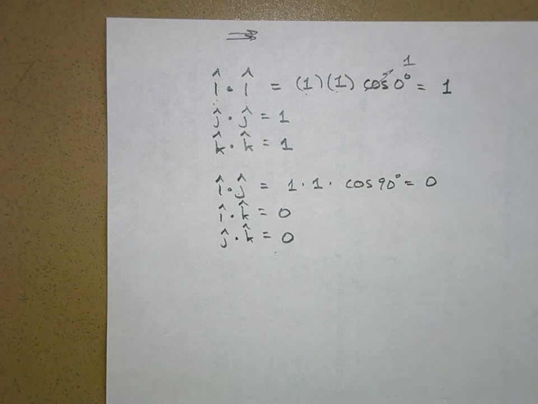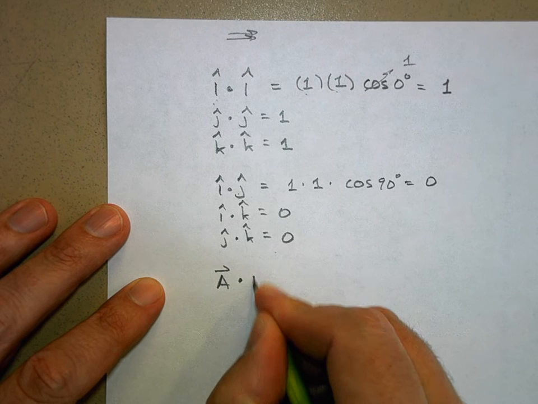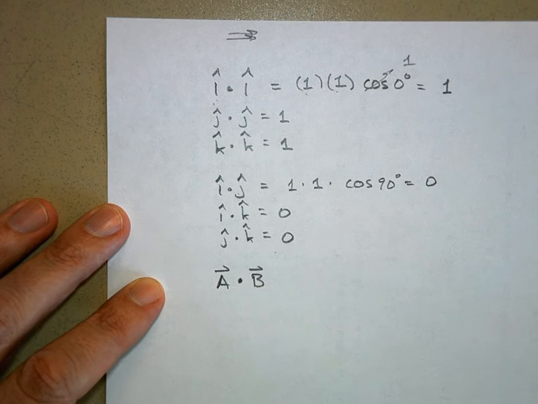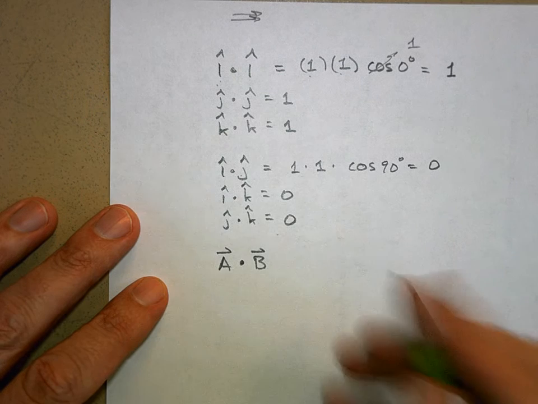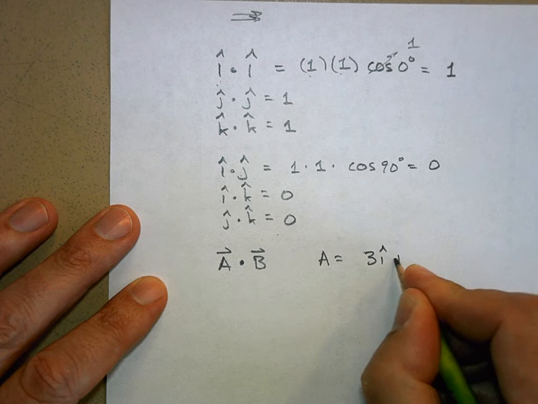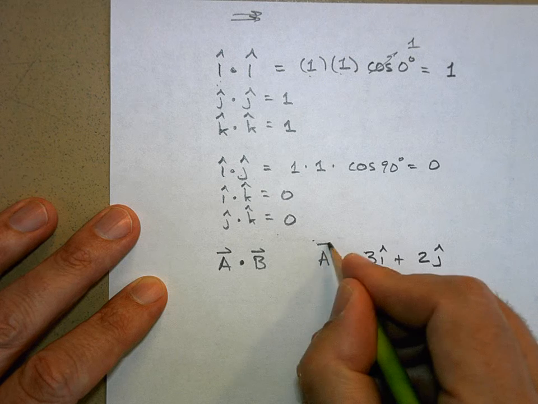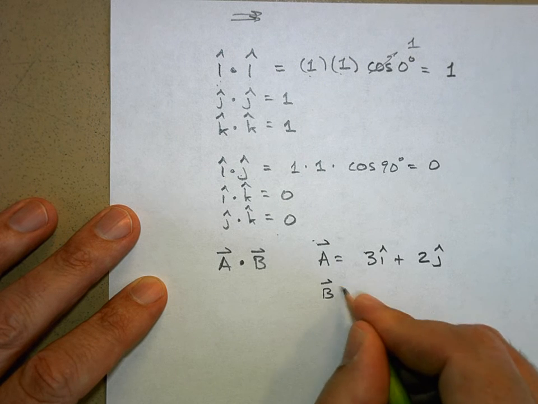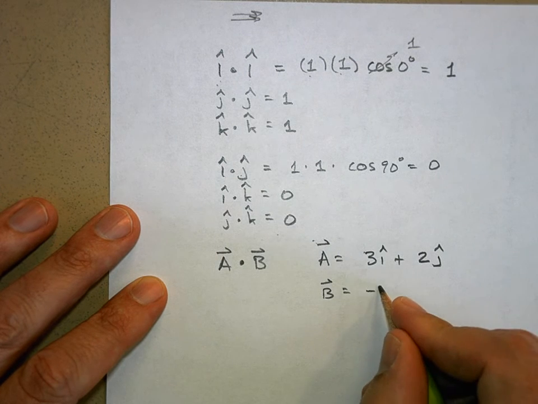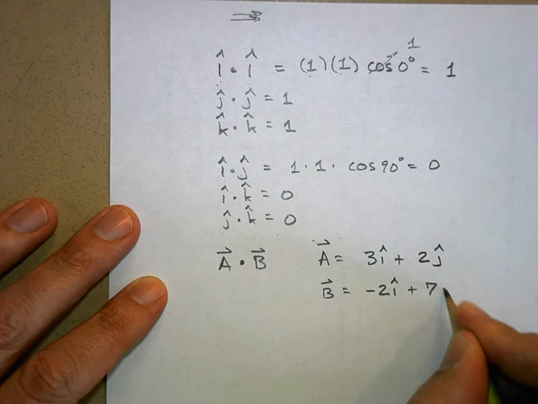Okay. Well, so what if I had two vectors, A dot B? But let's say A is equal to 3i plus 2j. That's vector A. And then vector B is equal to negative 2i plus 7j.